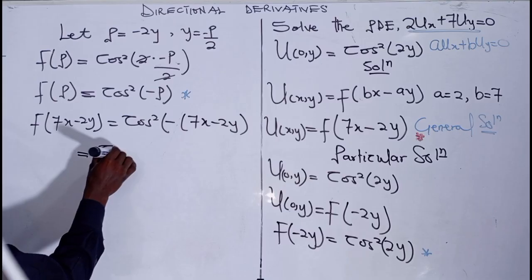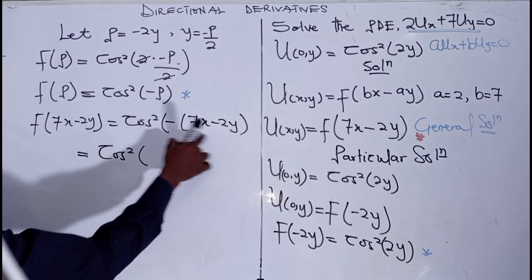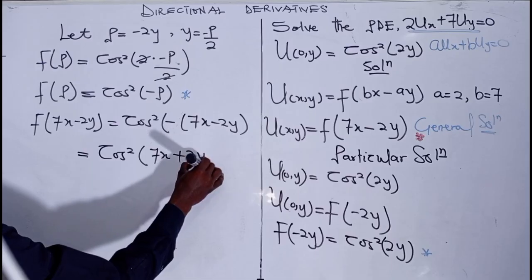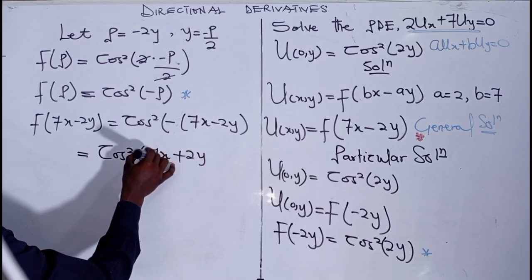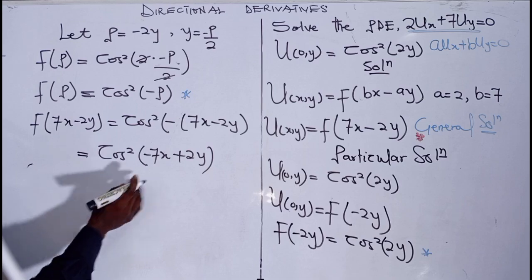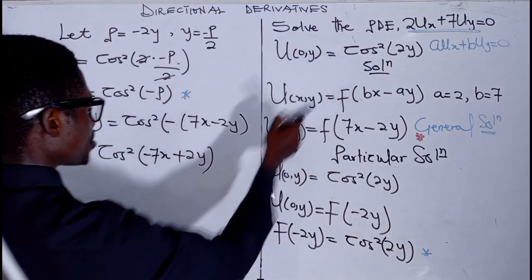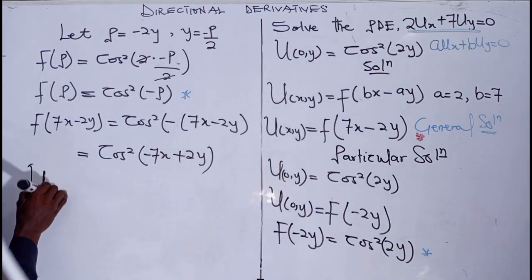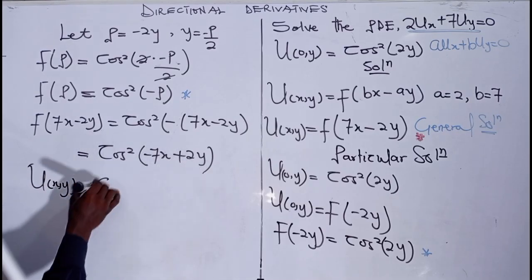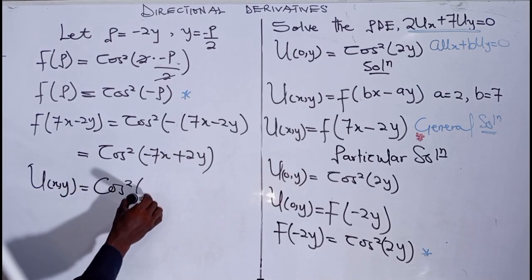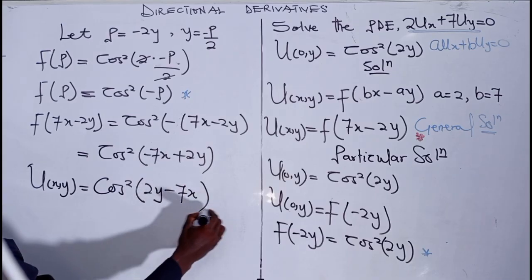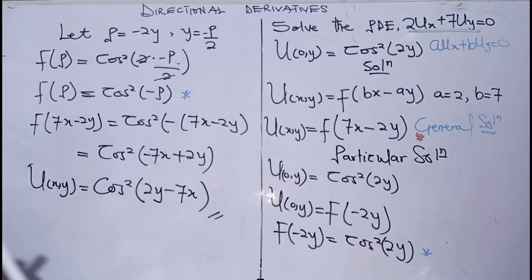So we have cos squared. When we expand, we are going to get minus 7x plus 2y. So therefore, the particular solution to this PDE with the auxiliary condition is given as u of xy is equal to cos squared of 2y minus 7x. Very easy and simple.